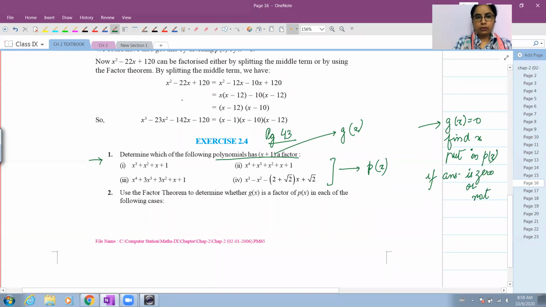So let's write down. Now, the same question has been asked again in question number 2, but in question number 2, you have different values for px and gx and all parts.